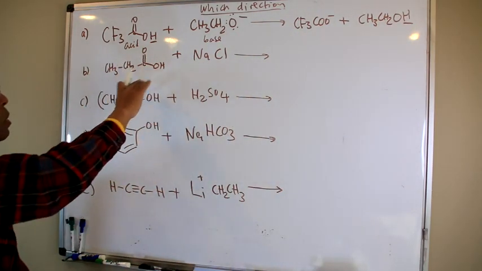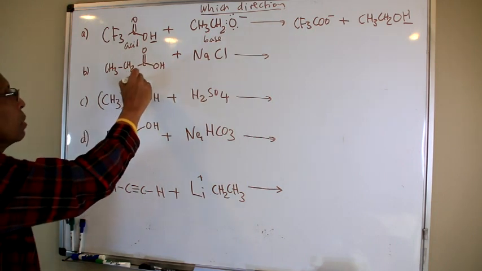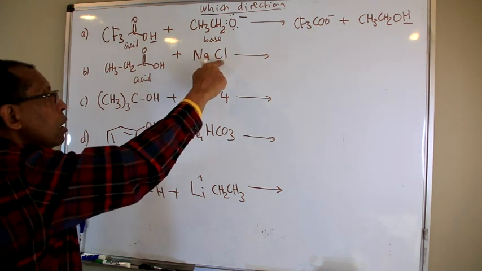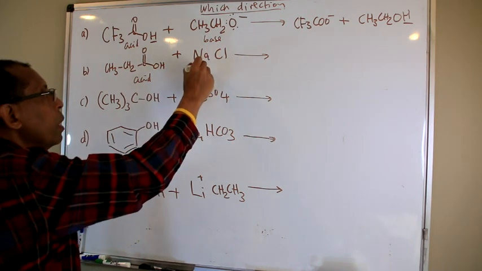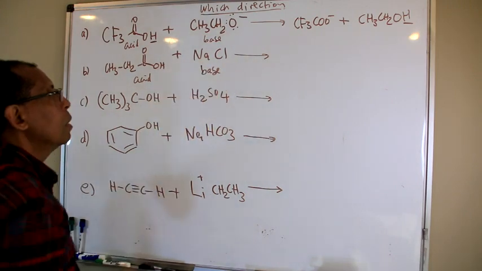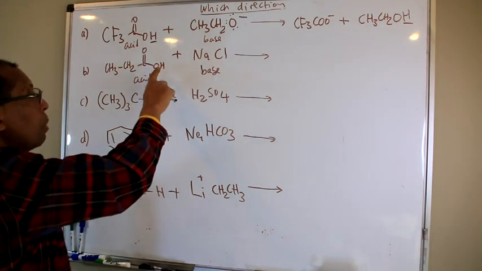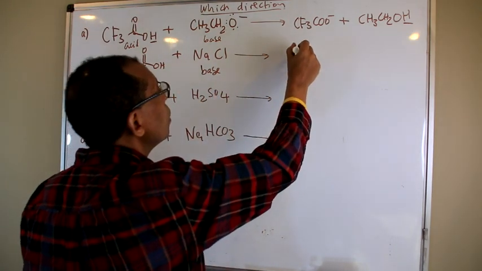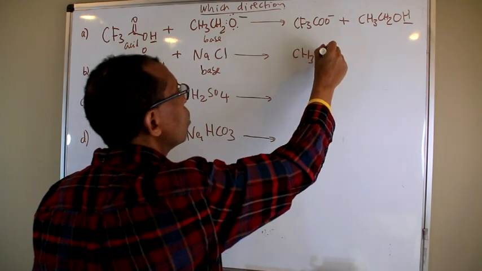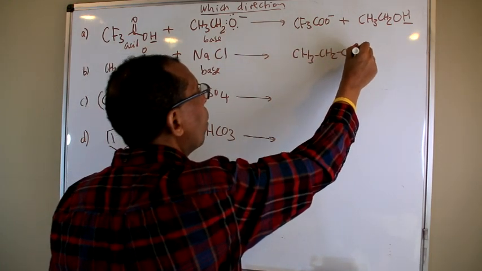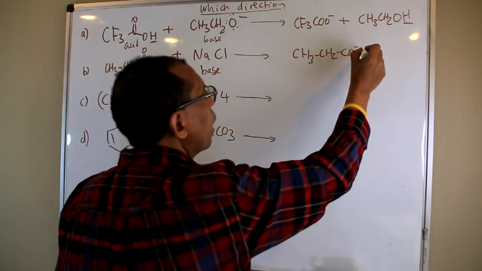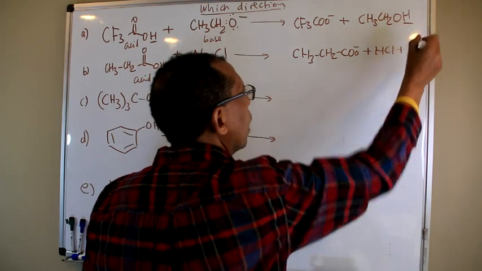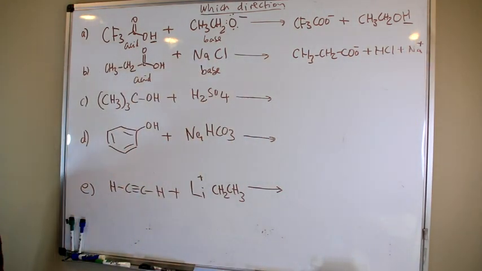In the next one, this is the acid, and this could act as a base. That means Cl minus is supposed to be a base, let's say. So if Cl minus abstracts H, it would form CH3CH2COO minus plus HCl and sodium plus. So that's what is predicted.